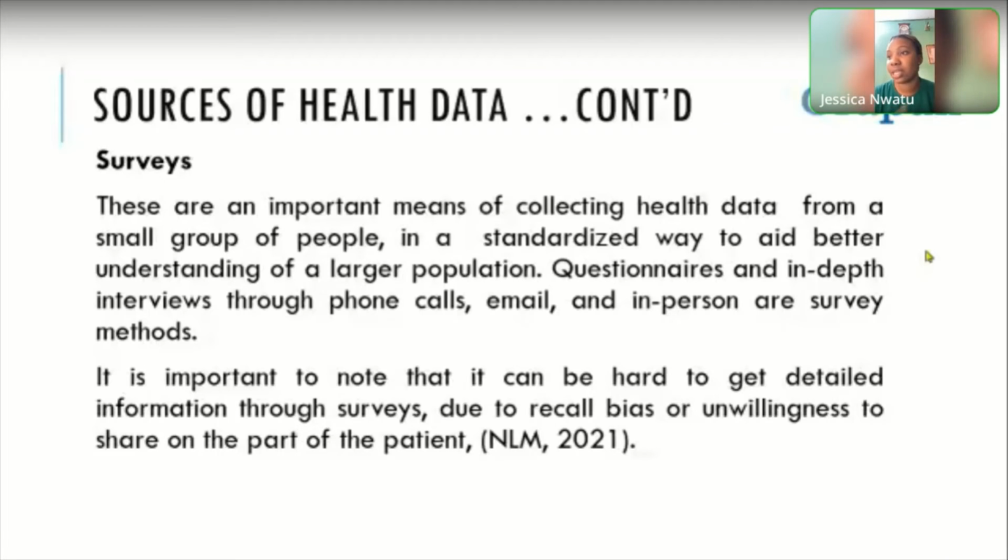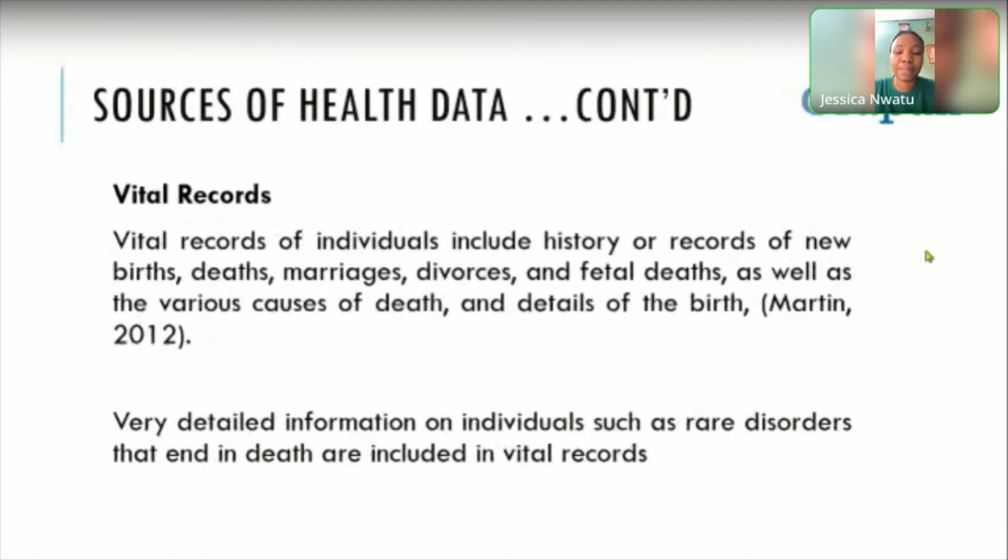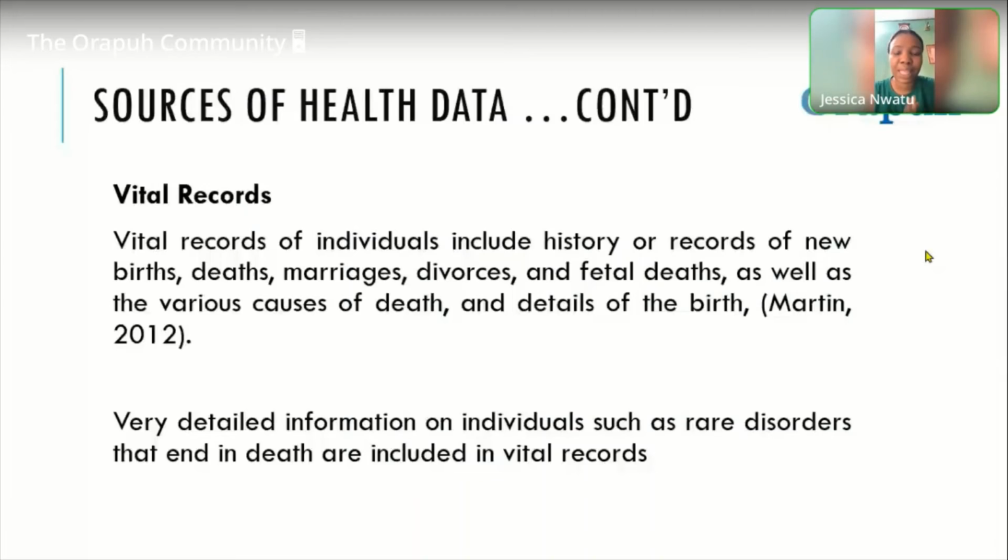The next one is vital records. Here it doesn't just mean the blood pressure, the pulse, and all that. Vital records here mean records of birth, mortality, fertility, everything that is vital. A patient's history of childhood disease, of congenital defect.